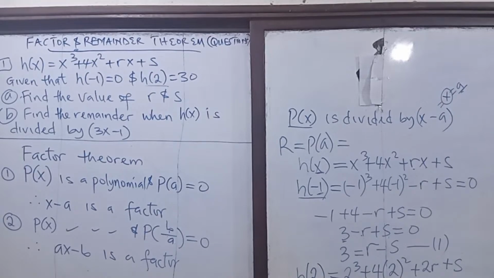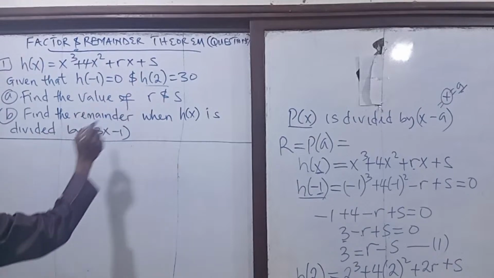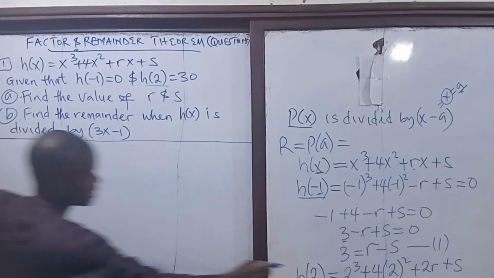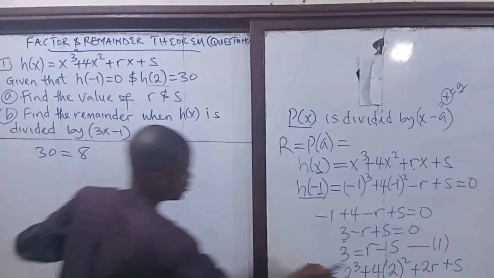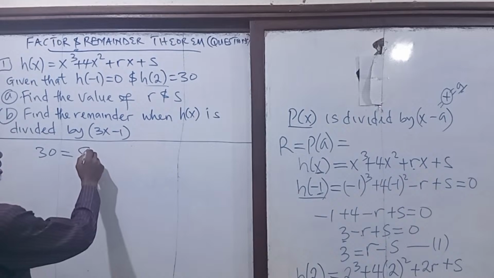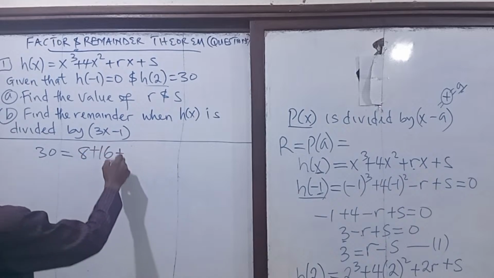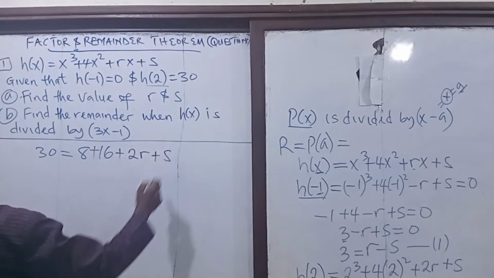So we have 30 equal to 2 to the power 3, that's 8, and then 2 squared, that's 4, 4 times 4, that's 16, plus 2r and then plus x.